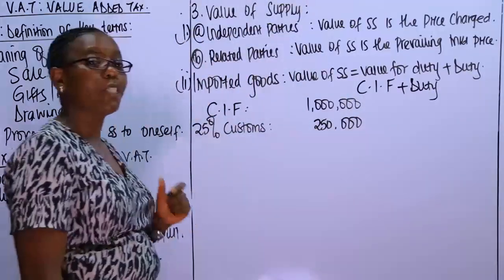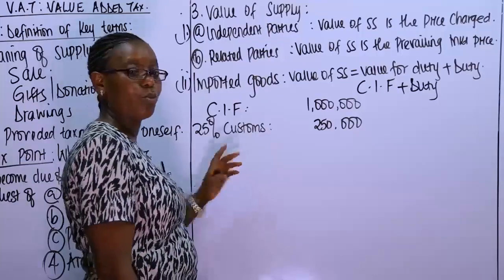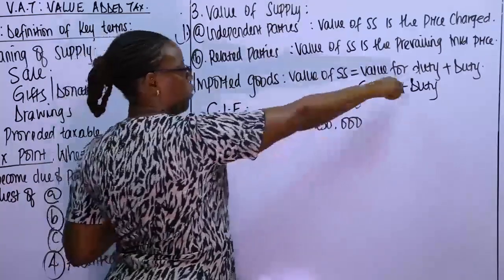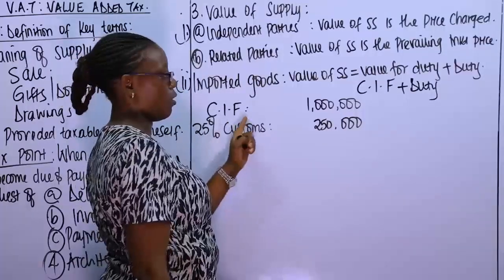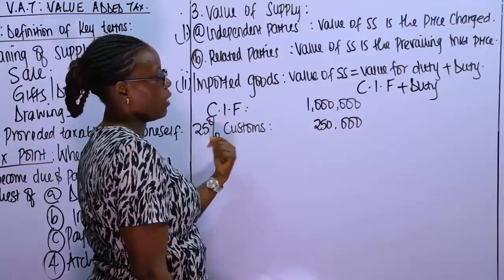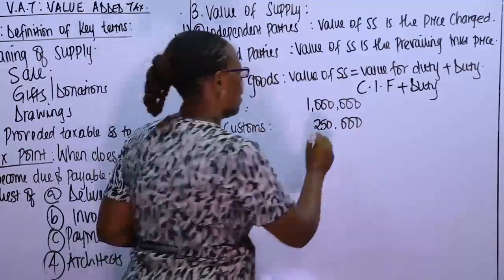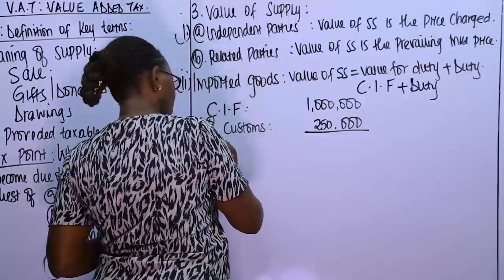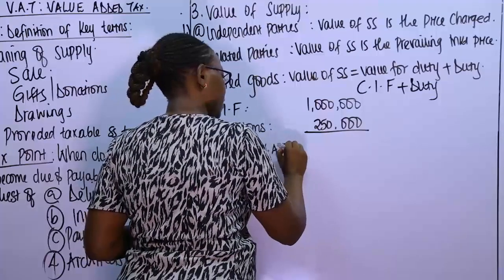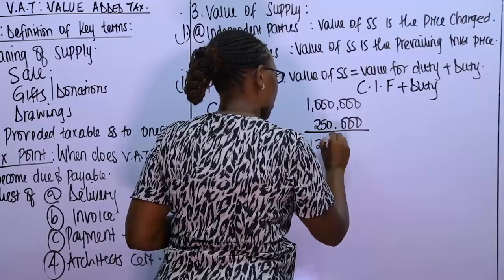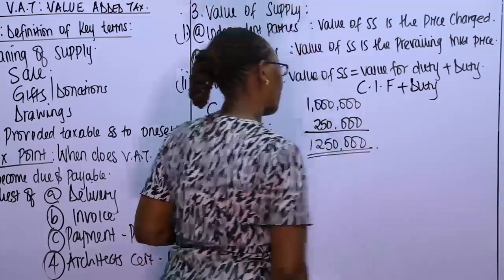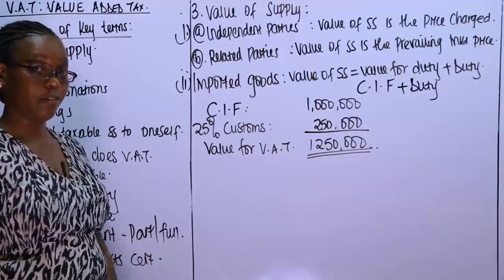Now, if you're going to be charged excise duty, you're going to also include it. So the value for duty, CIF, cost, insurance, and freight, is the value on which we are basing the 25%. So here, the value for VAT is going to be 1,250,000. This is what you're going to charge VAT on.